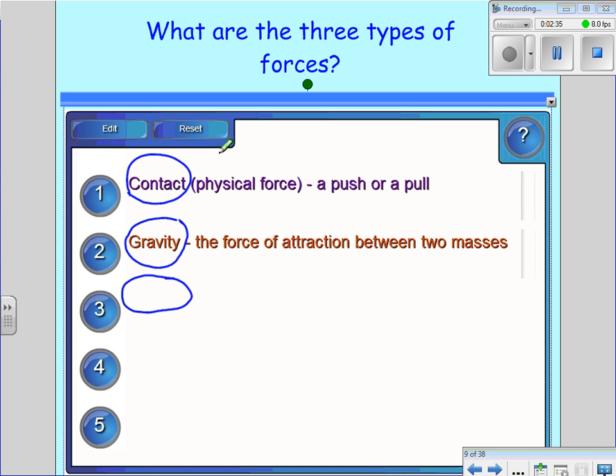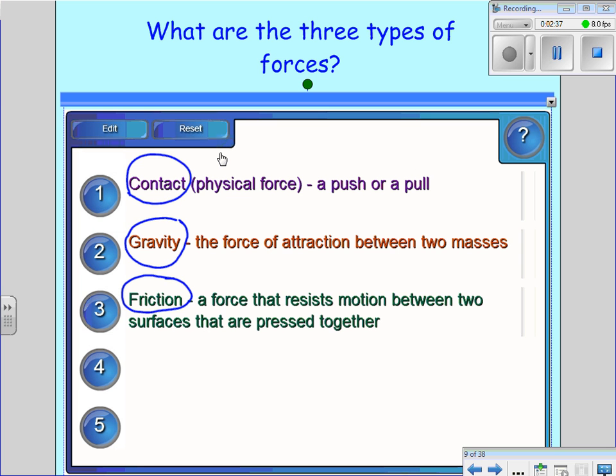Our third type of force is friction, and that is the force that means that 2 surfaces are rubbing together, and it slows down the motion. We'll talk a little bit more about that as we get into our study guide.